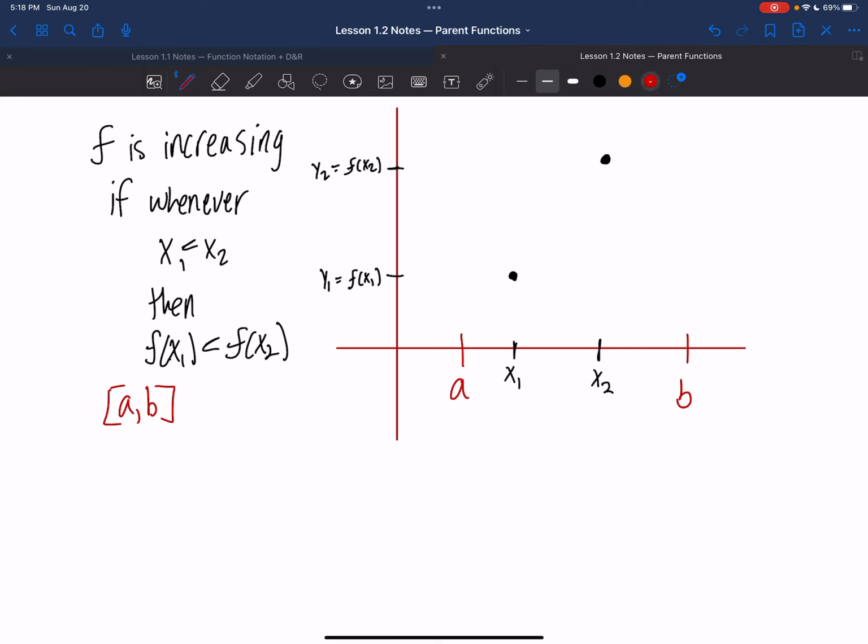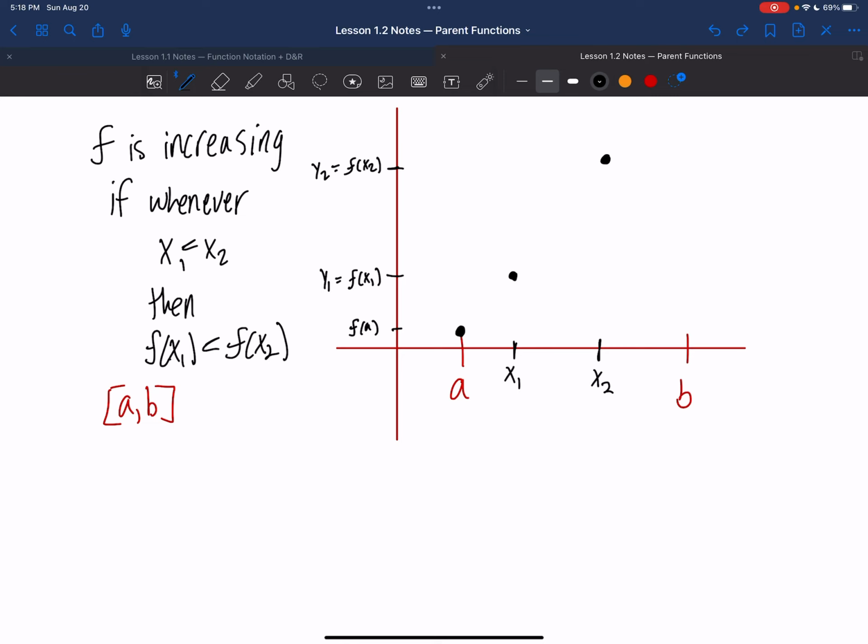you could pick A and B, right? If I say like x1 is A, so let's do like a point right here. Okay, and we'll call that f of A. And then B, well, it's got to be more, right? It's got to be more than f of A. But really, if it's increasing on the entire interval, it has to work for every choice of x1, which means, look, if I was really close to B, like right here, that f of B would need to be even higher.